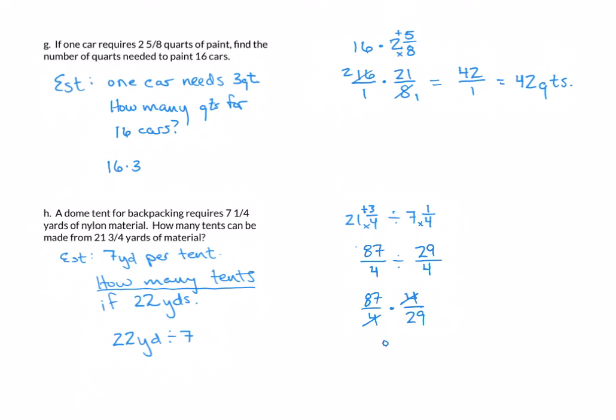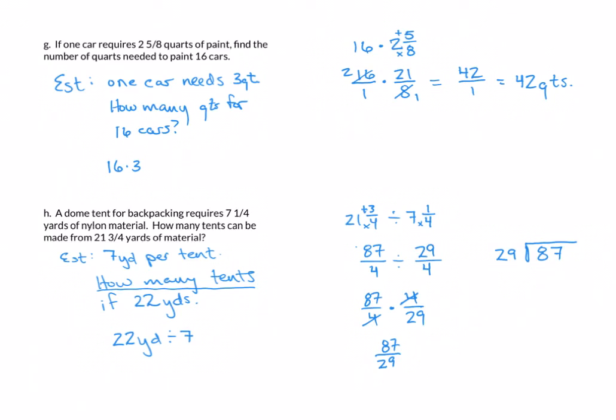I don't know if 87 and 29 have any common factors, but I'm going to go ahead and divide. And I will tell you, I tried to pick the nicest problems possible on the homework, but this book picks nasty numbers. For instance, this example here is not exactly my favorite.